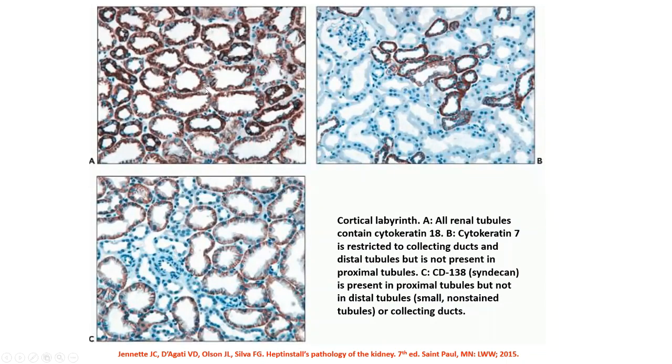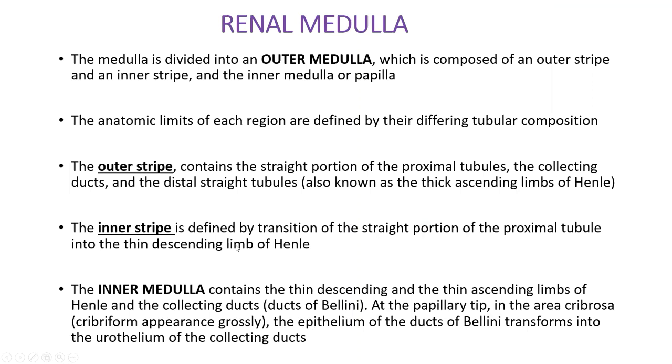However, if you do specific cytokeratins like cytokeratin 7, you would see that it is restricted only to the collecting tubular elements which are present within the medullary rays and the distal convoluted tubules, but the proximal convoluted tubules will not express cytokeratin 7. However, if you were to do the plasma cell associated marker, that is CD138, you would see that this element is present in the proximal convoluted tubules, but is not expressed in the distal convoluted tubules.